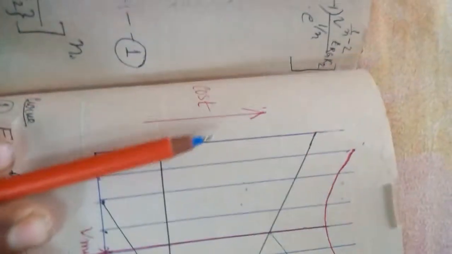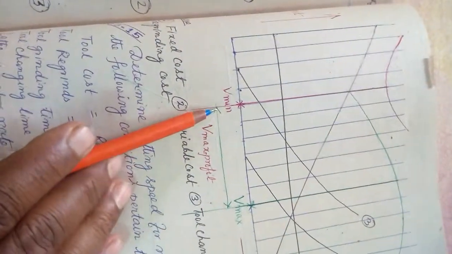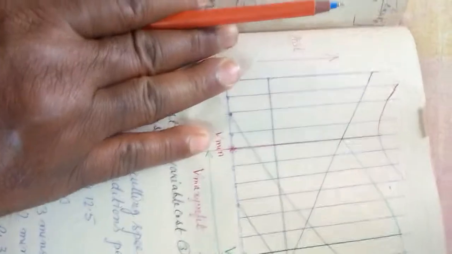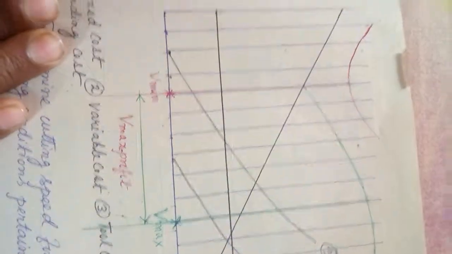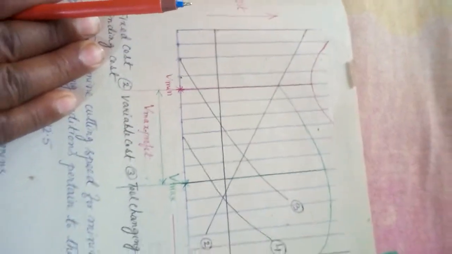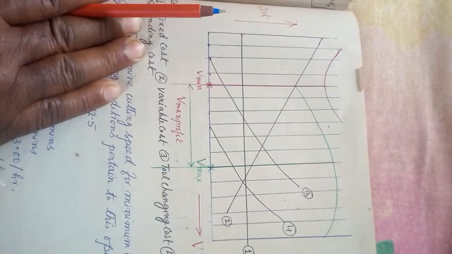Please draw the graph. This is the cost versus the velocity. V minimum is here. Here it is cost.